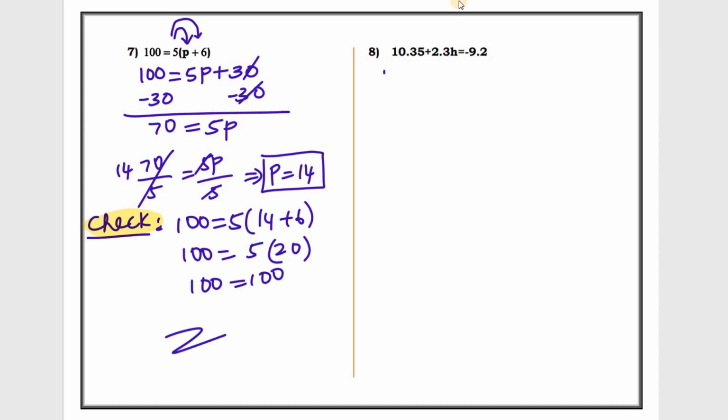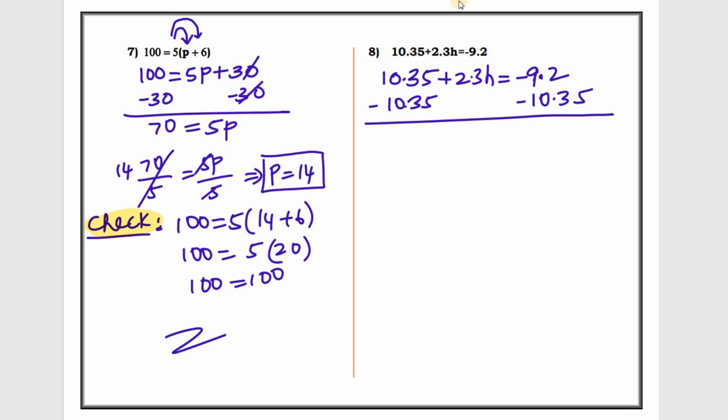10.35. Here the question came up with a decimal. 10.35 plus 2.3h is equal to minus 9.2 is given. So I'm just subtracting 10.35 on both sides. Minus 10.35 cancels out. So 2.3h is remaining. So what I get here is minus 19.55.